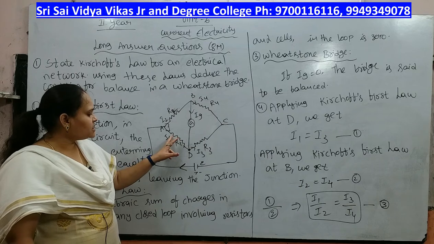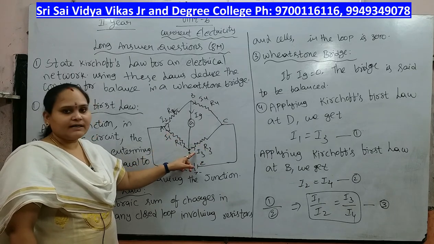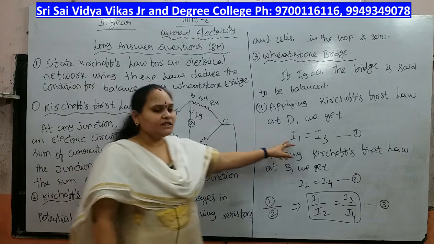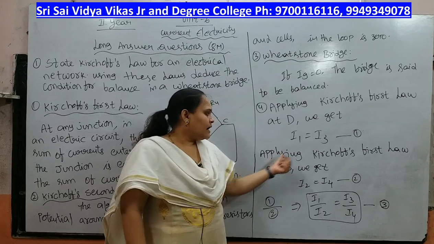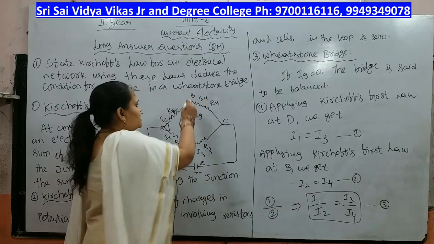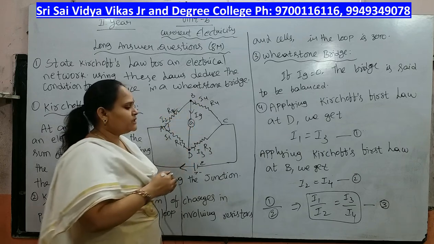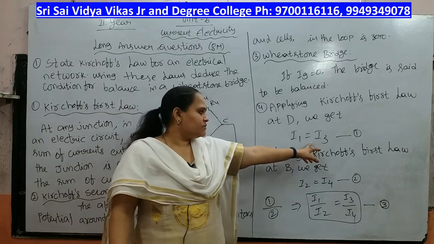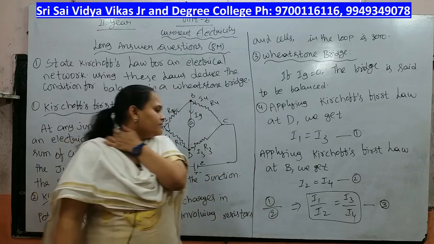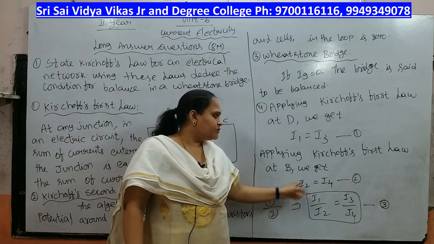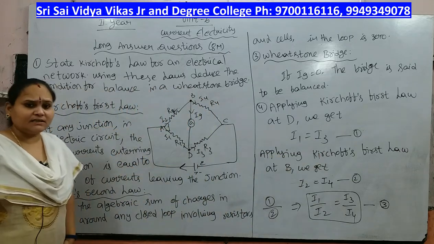Here, the current I1 and the current I3, so summation of I equal to 0 means I1 equal to I3. Applying Kirchhoff's first law at junction B, we get I2 equal to I4. This is equation 1, this is equation 2. Dividing 1 by 2, I1 by I2 equals I3 by I4. This is the third equation.